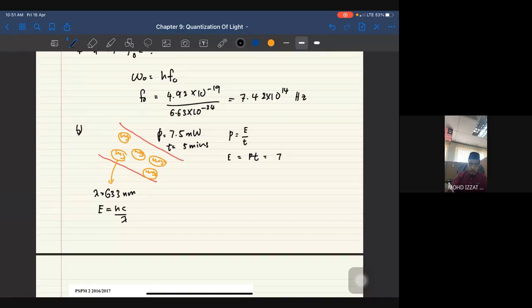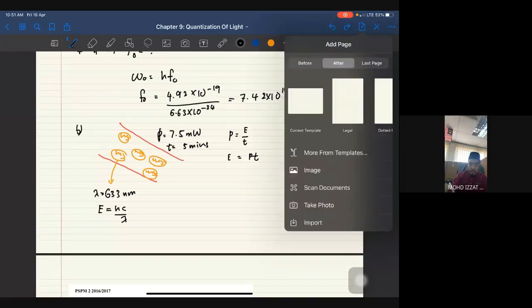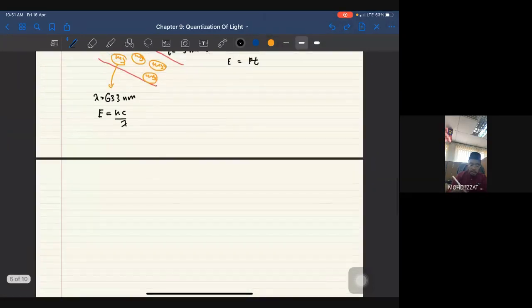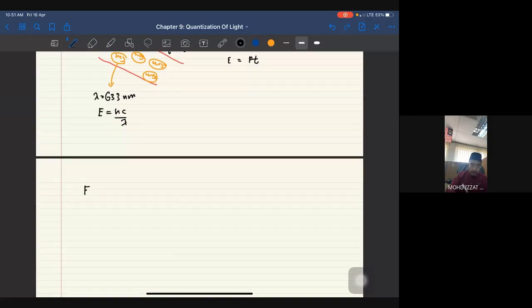So this one is 7.5. Okay, maybe I have to do it properly. I'm going to do it on a different page to solve this one. So you can find E of the laser beam, or maybe you can put this as E total. So it will be 7.5 times 10 negative 3, and you have to multiply with 5 minutes.